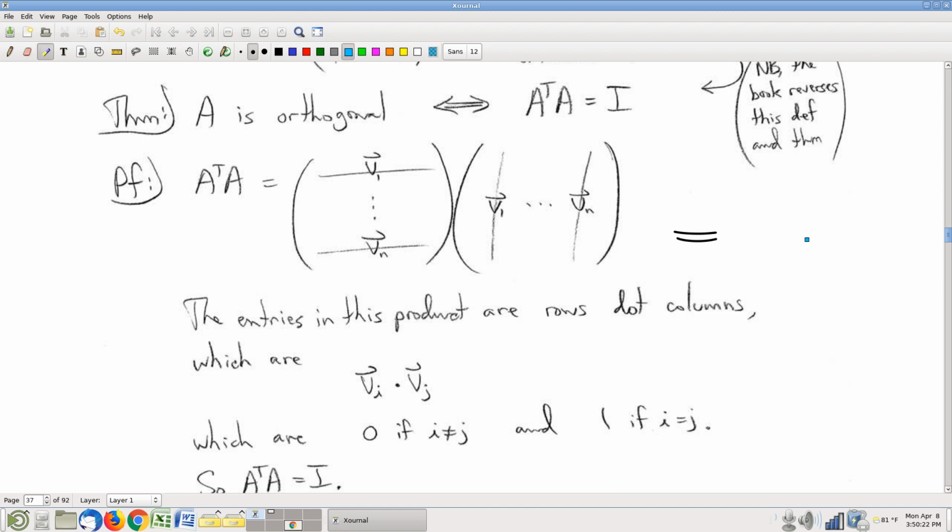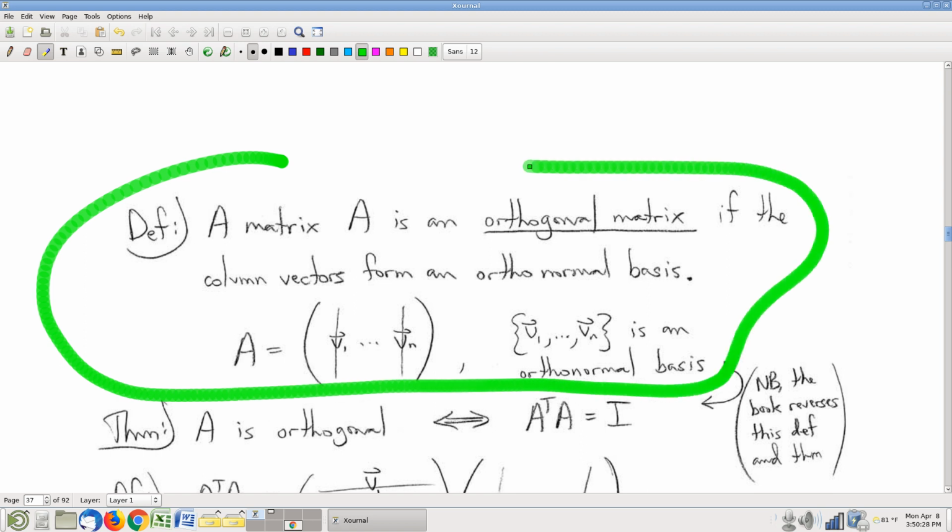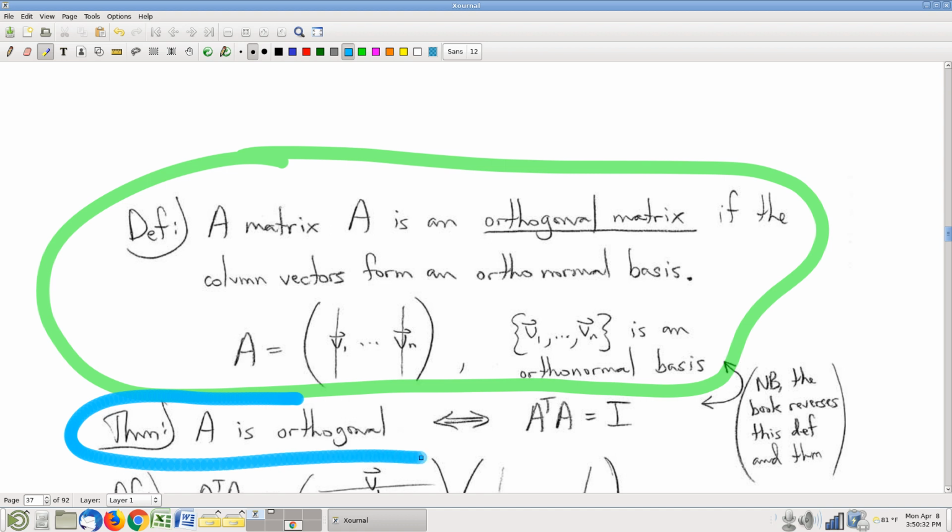Now I do have to talk a little bit about terminology. Just a quick reminder, here's the definition that I'm making of orthogonal matrix. And then we proved this theorem here seconds ago. Recall, there is a notion of equivalent definitions. I think the easiest first example that everybody sees is the definition of e.